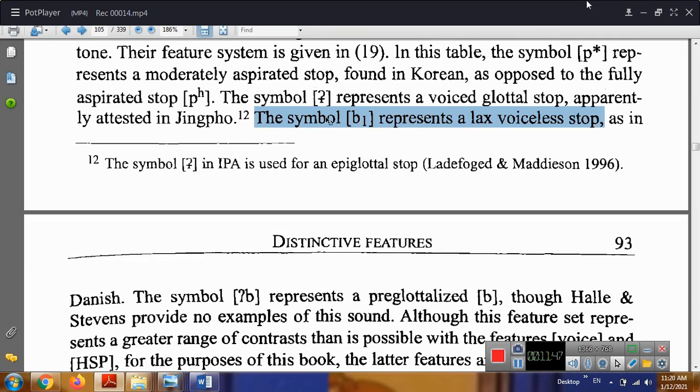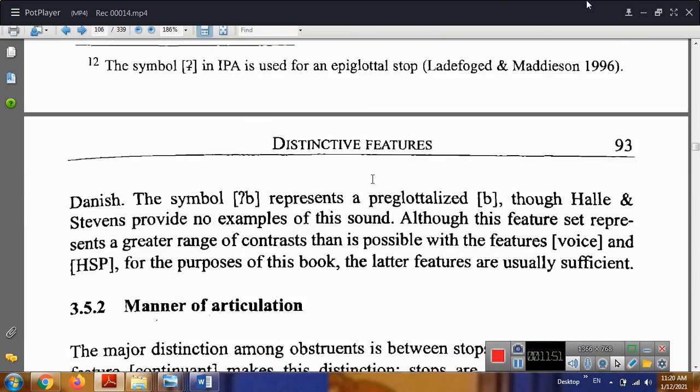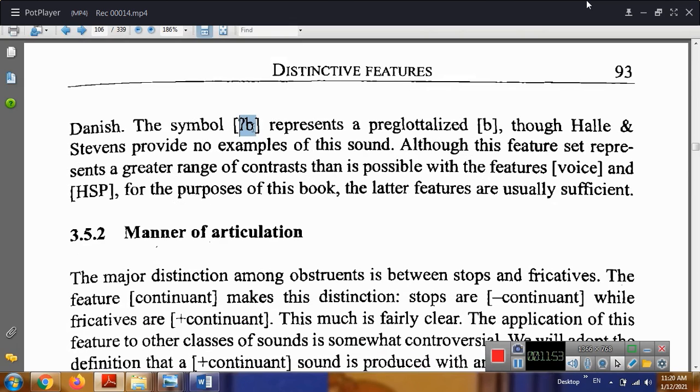We don't need to memorize these sounds because they are not very common. The symbol eb represents a pre-glottalized b, though Halle and Stevens provide no example of this sound. Also, this feature set represents a greater range of constraints than is possible with the features voice and HSP for the purposes of this book.